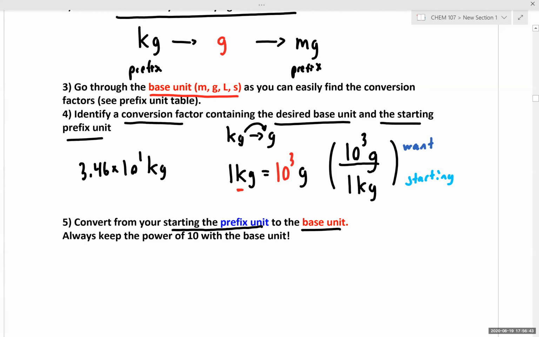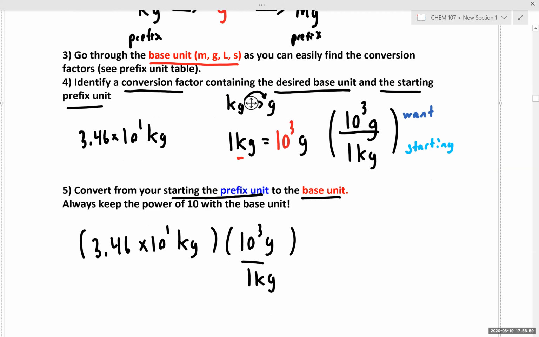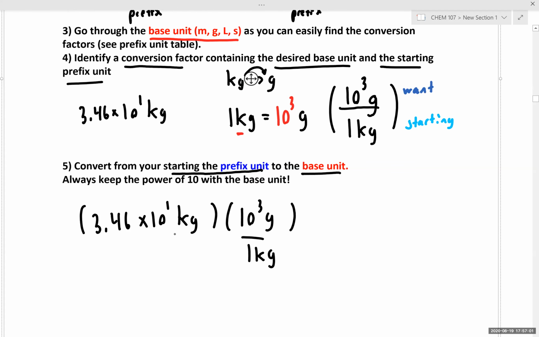Now that we have our conversion factor, we're going to convert from our starting prefix unit to the base unit. We have 3.46 times 10 to the first kilograms, and we know that we have 10 to the third grams per every 1 kilogram. As we can see, kilograms are on top and bottom, so we can cancel them.